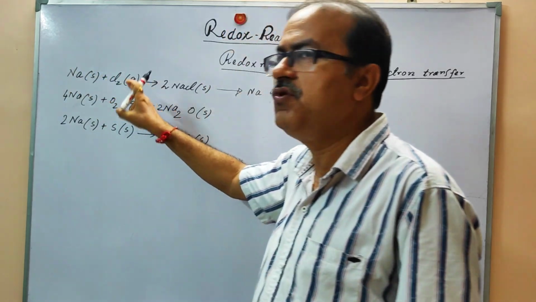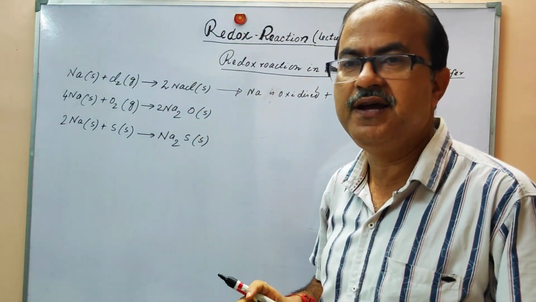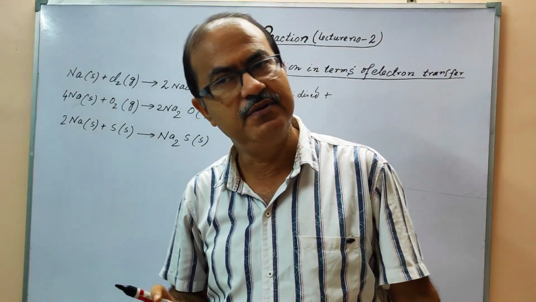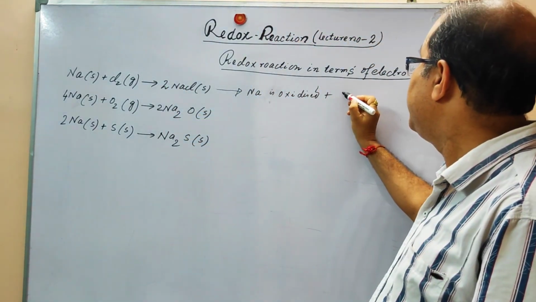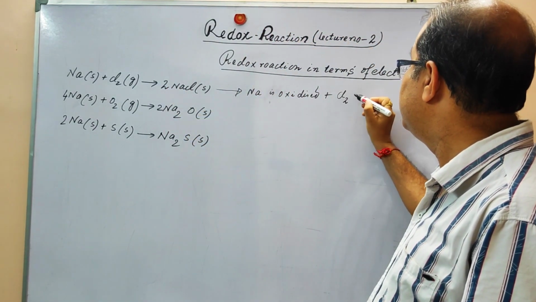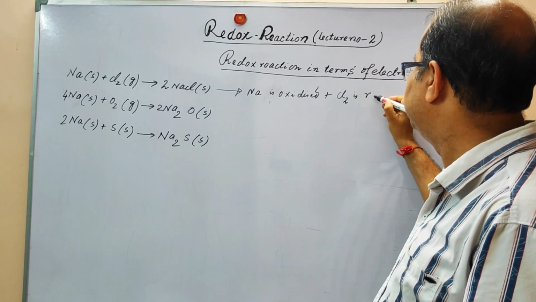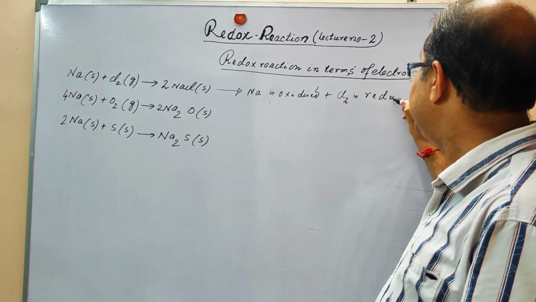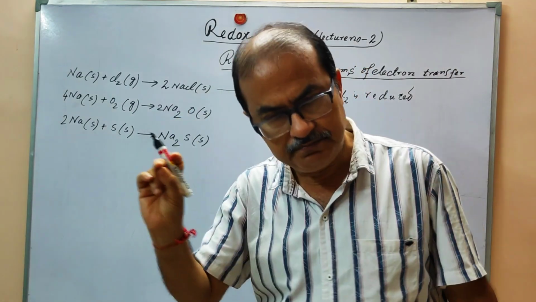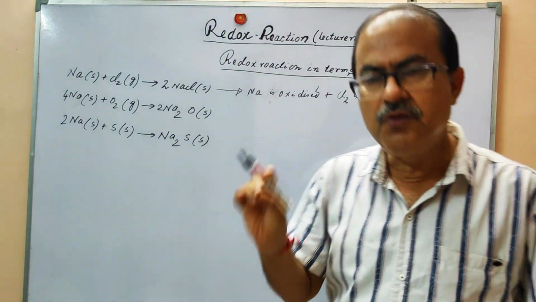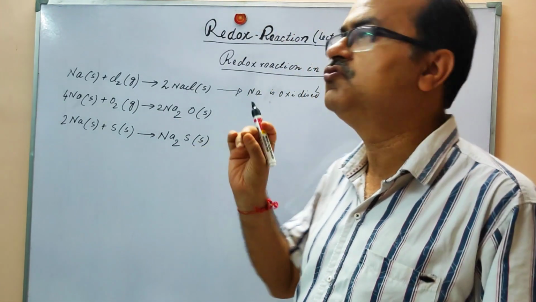Sodium is added to the chlorine. That is why sodium chloride is formed. So chlorine, Cl2, is reduced. Why is it reduced? Because there is an addition of the electropositive element, that is sodium.